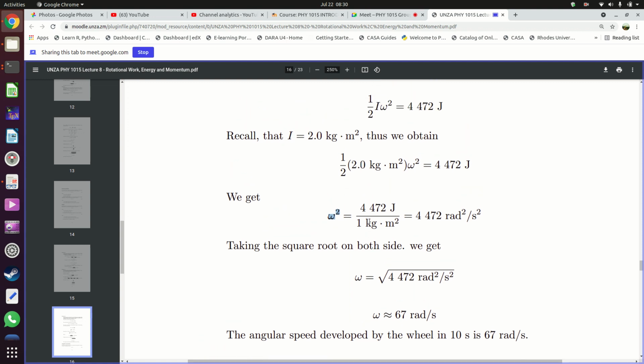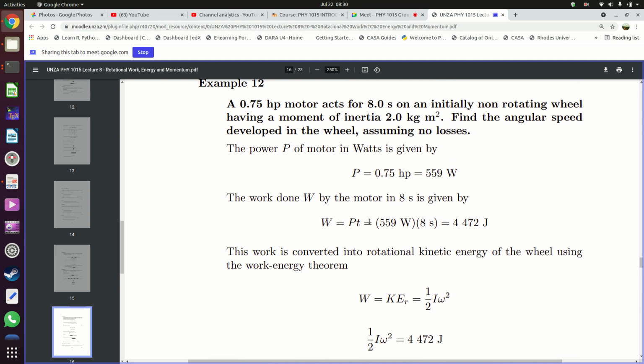What have we used? We have worked out the power, then using the time, we have worked out how much work has been done. But the physics is us using the work energy theorem here. The realization that this rotational work which has been done is also equal to the rotational kinetic energy gained by the wheel.